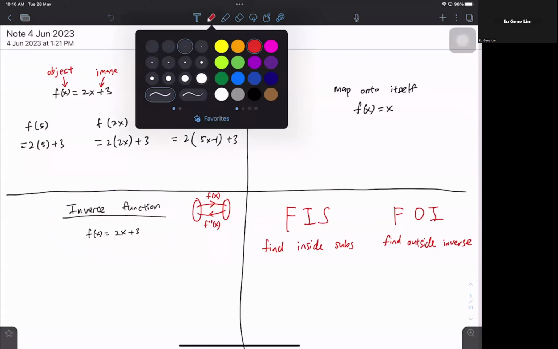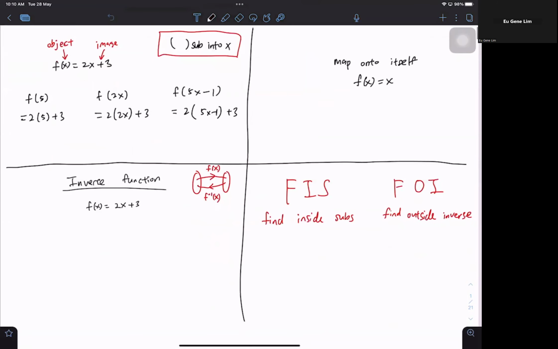So let's talk about inverse function. How to do it? First, the left hand side equals y, then the right hand side also equals y. That is how you do inverse function.